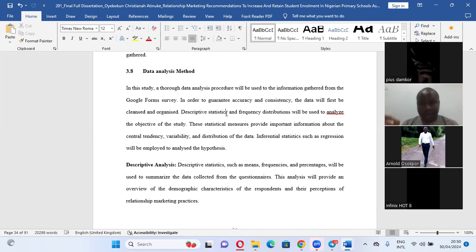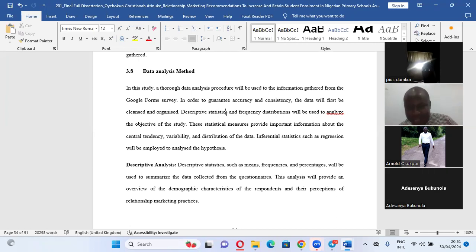We have something called the p-value when you're analyzing your work. Once the p-value you got from your analysis is lesser than 0.05, that is 5%, you reject the null hypothesis, which means that you are accepting the alternate hypothesis.